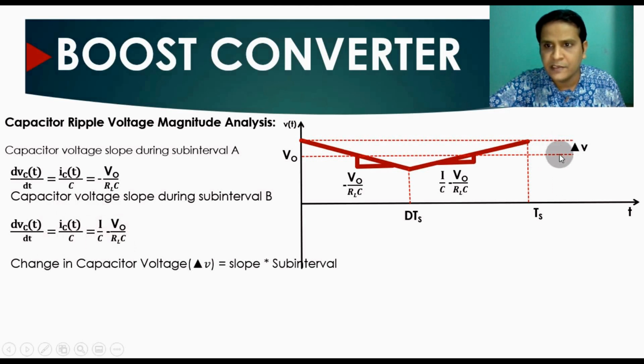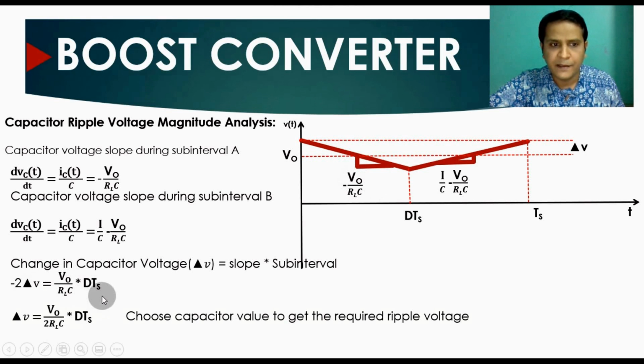Now, if you want to find out the change in capacitor voltage, that is given by delta V. You can see this graph; this is a plot of Vc over a time period T. The change in capacitor voltage, delta V, equals slope into subinterval, and you have minus 2 delta V equals minus Vo divided by RL into C into dTs.